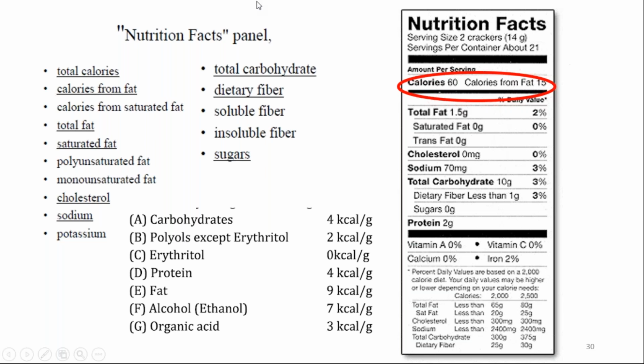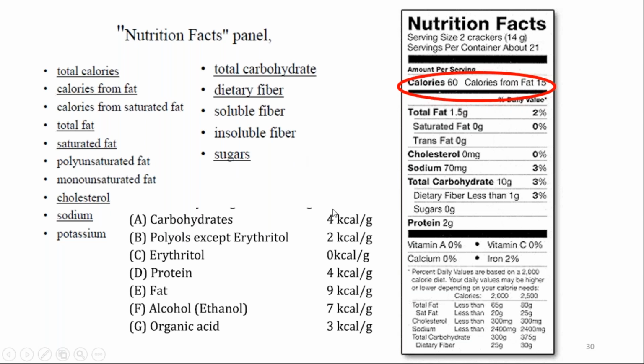In many countries and in India, with the new regulations, they have to mention the total fat, and in the total fat, you have to mention the saturated, unsaturated, and monounsaturated amounts, and the cholesterol. If free sugar is being added, free sugar has to be given.